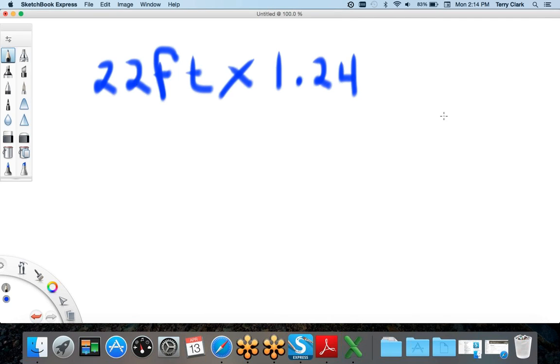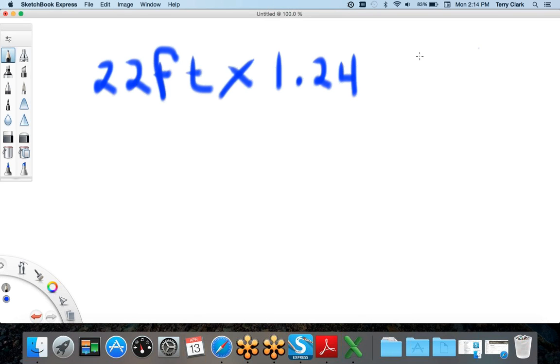No, you can just type meters, M, or feet, FT. As long as you use the adequate abbreviation, you'll be fine. But for the 22 feet, that's going to be 22 times 1.24.